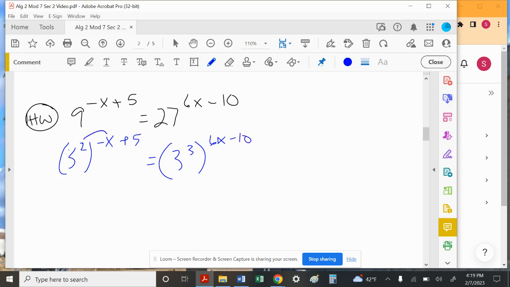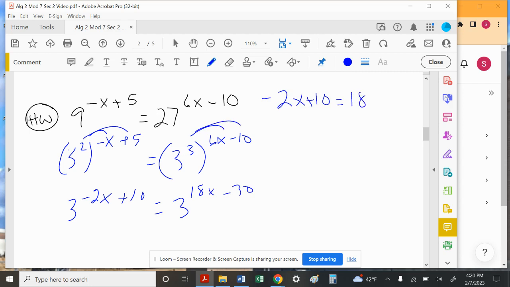And then I'm going to distribute the 2 through to both of those. So 3 to the negative 2x plus 10 equals 3 to the 18x minus 30. So I know that negative 2x plus 10 equals 18x minus 30.